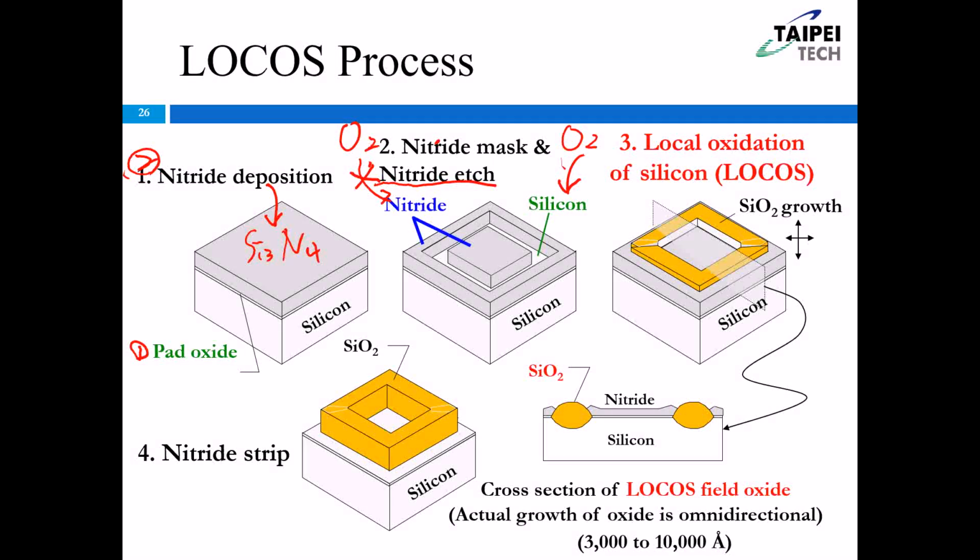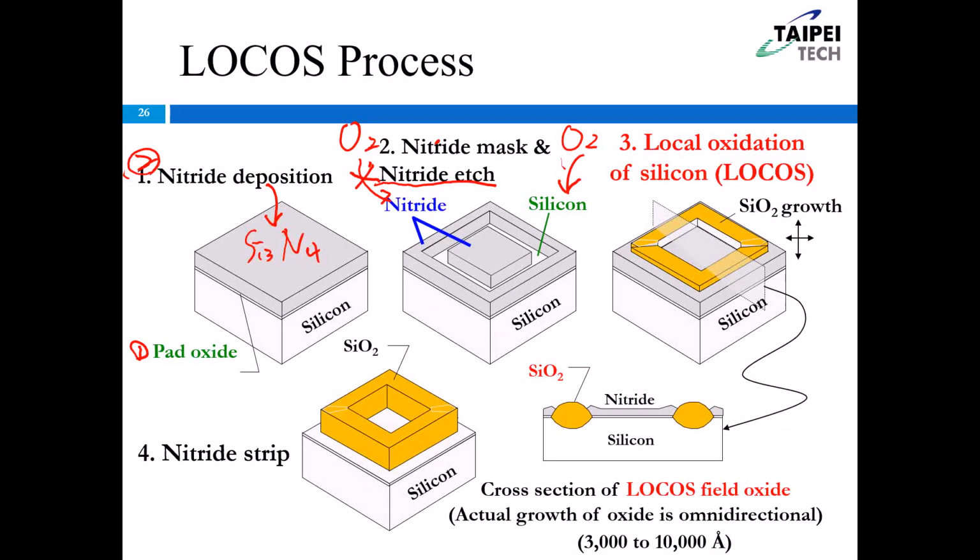The silicon dioxide right now is the yellow color. Can you see that? Only in this central square region can we grow the silicon dioxide.